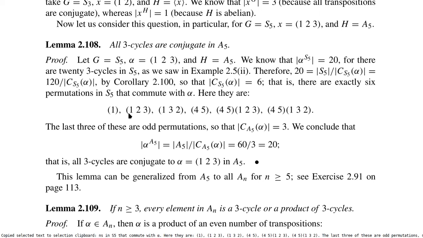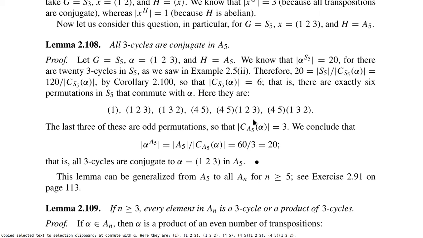You'll have (1 2 3), (1 3 2), then the transposition (4 5), and then the products of the transposition with these two. So you need 2 3-cycles and 1 transposition, and the products to get these.